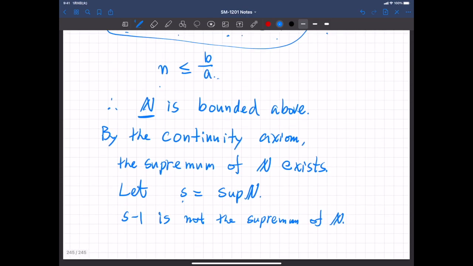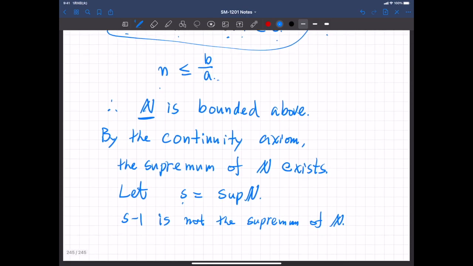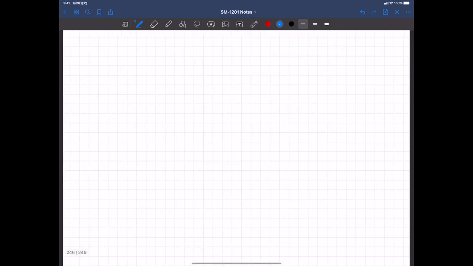Okay, so if it's not a supremum of n, that means some natural number is greater than s minus 1, right? So therefore there exists some natural number, let's call it m, such that s minus 1 is less than m.